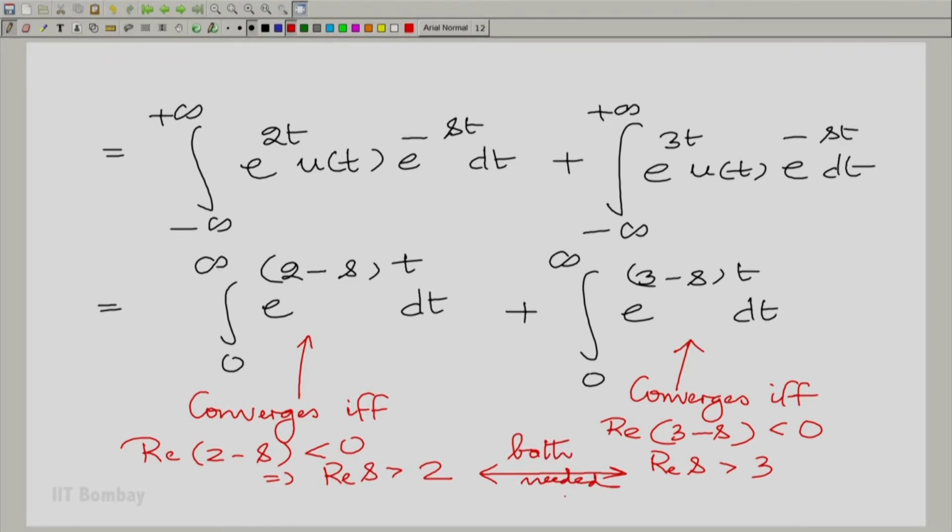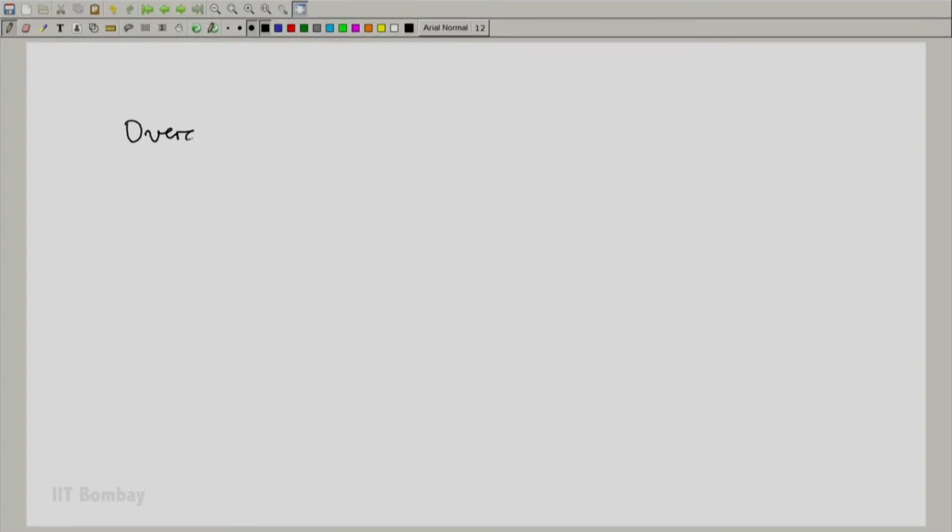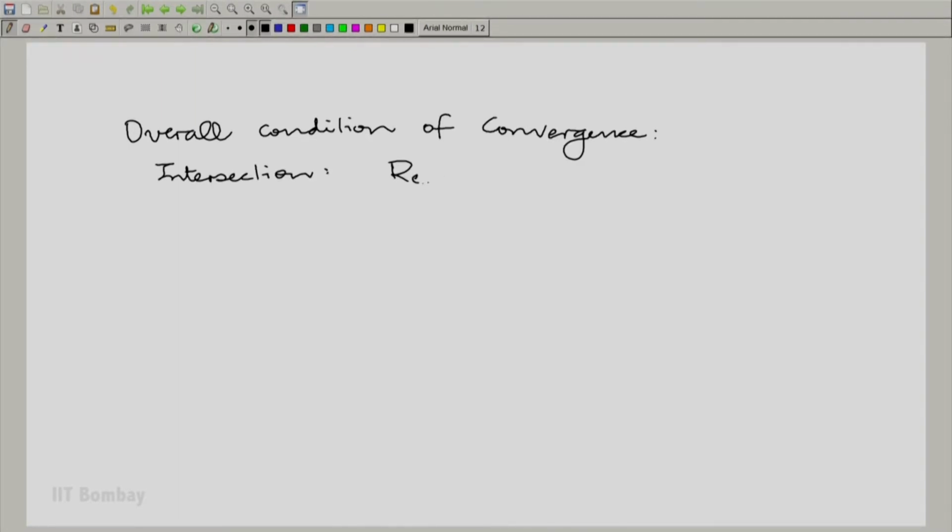If you want both of them to converge at once, both of these must be satisfied. And therefore, we can now put down the condition for convergence of this Laplace transform to be the intersection, real part of s greater than 2 intersection with real part of s greater than 3, which essentially is real part of s greater than 3.